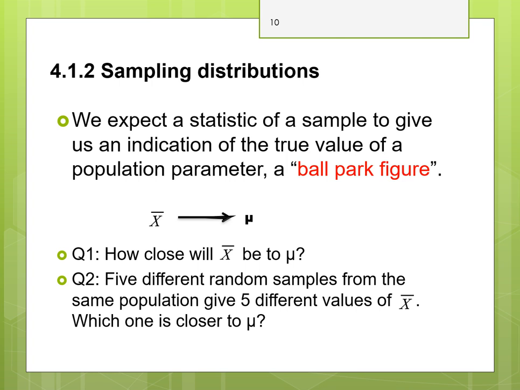So here, let's think about this question. From the same population, if we draw 5 different random samples from this population, we can get 5 samples, right?